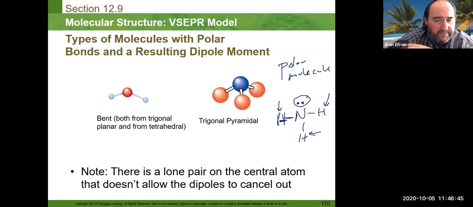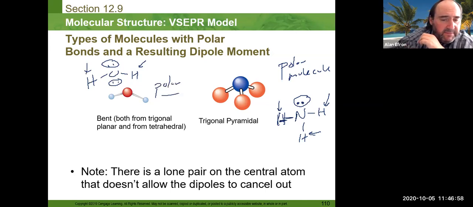Again, this was our water example, same approach: dots, everybody's the same, going to be polar. So we have those unsymmetrical geometries, and they are a result of the non-bonding electrons being present.